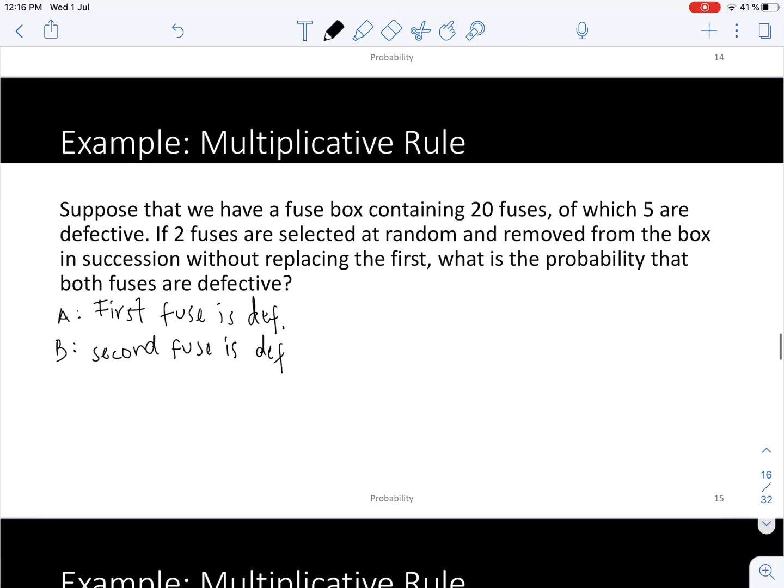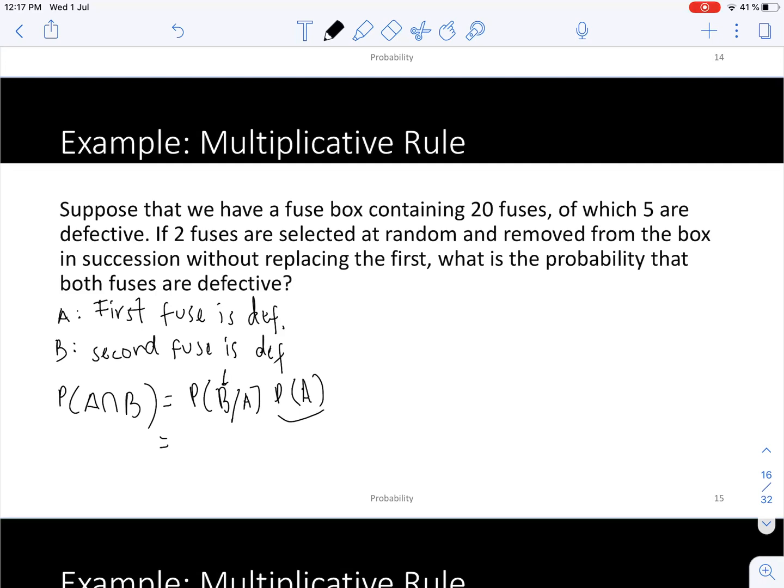So we're being asked what's the probability that both events happen at the same time. That's the probability of A intersection B, right? So according to the multiplicative rule, this will be the probability of B given A, so the second fuse is defective given that the first one is defective, times the probability that the first fuse is defective, right?